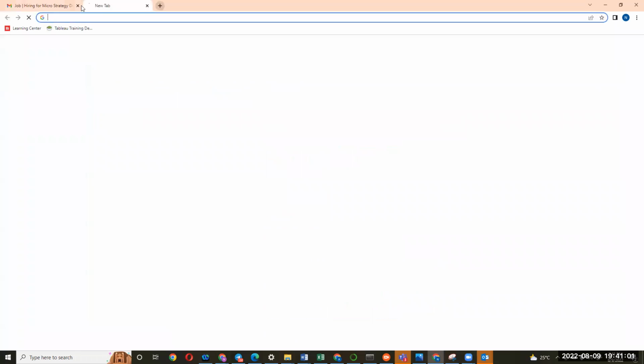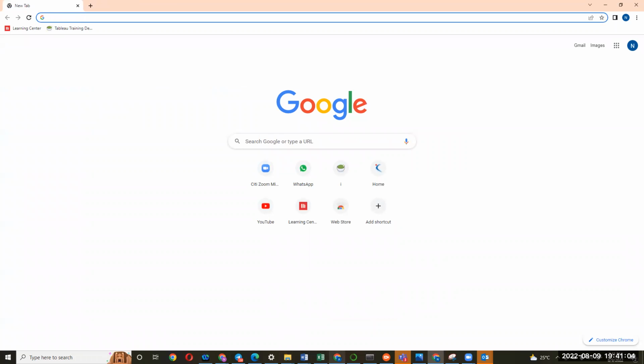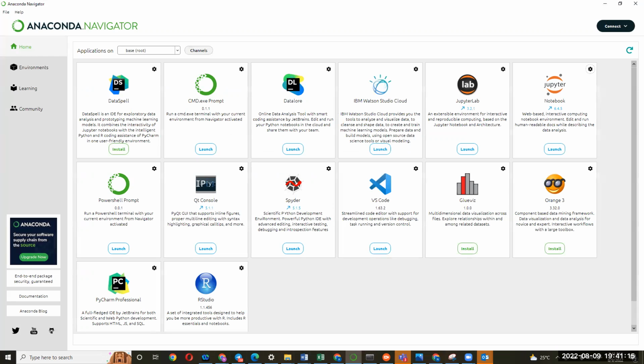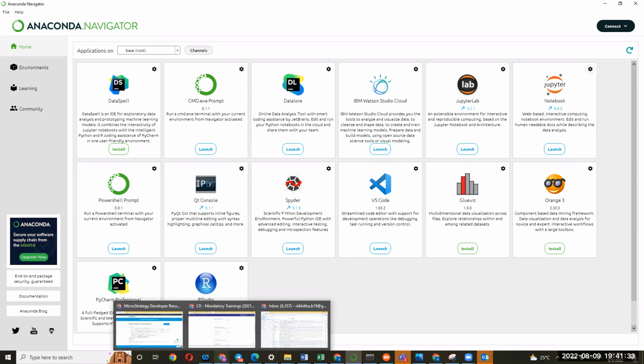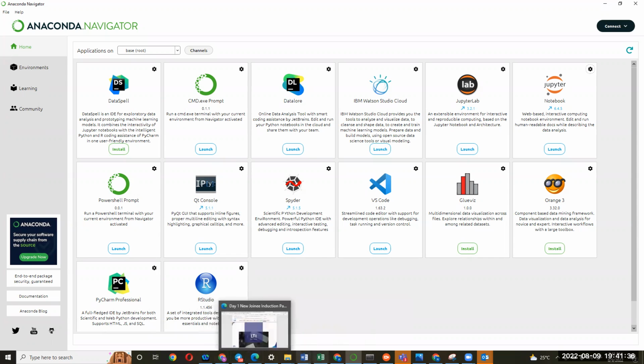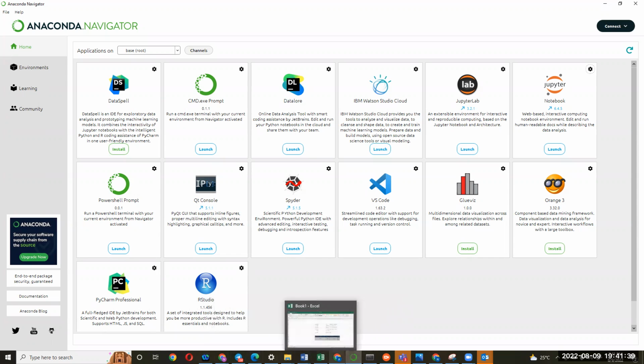So now you're able to see my screen. This is the Anaconda Navigator, a software we'll use to do data analysis, and it contains a lot of IDEs. I'll go deep into this next time, but I'll use this software to take notes, which is required for me now.